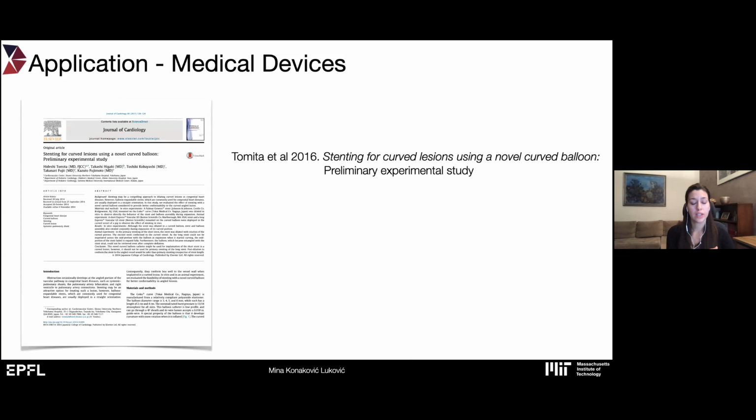So what they have been looking for is curved balloons to be able to inflate these heart stents in these regions that are curved. And they show the benefit of these curved balloons in the patients. But they only have been able to design the balloons and not the structure of the stent itself to be curved.